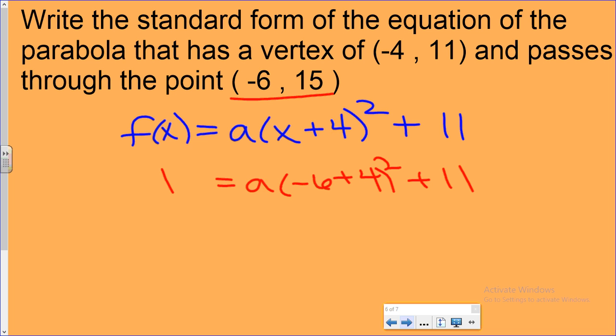And 15 would be the output, the function value, the y value, whatever you want to describe it as. Okay? Now we just have a linear equation to solve for a. So negative 6 plus 4 would be squared. So we have 15 equals 4a plus 11.